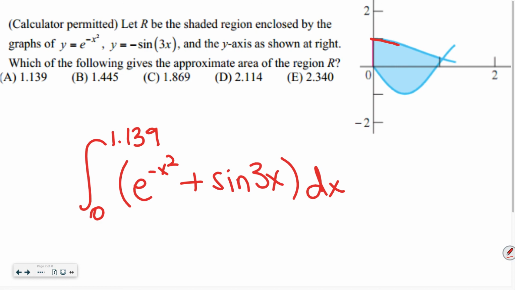Not everybody's does that. If yours doesn't, you can go into bars, then Y bars function, and select from there. But I could just say Y1 minus Y2 because I've already typed them in, and boom, B is my answer.